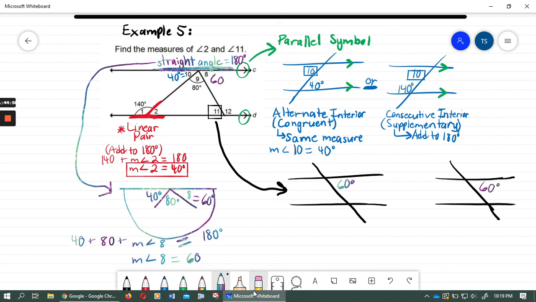And so again, folks, if we needed to find angle 11, we could use the fact that these are two parallel lines, and the fact that angle 11 and the 60 degrees are alternate interior angles.